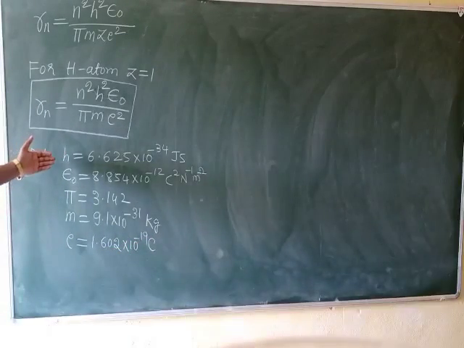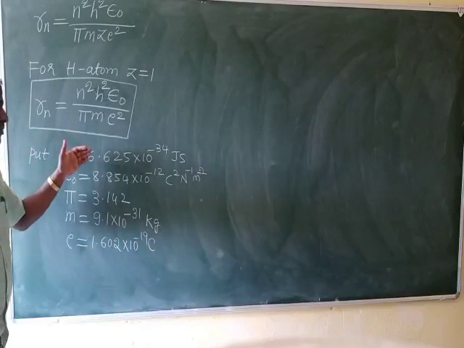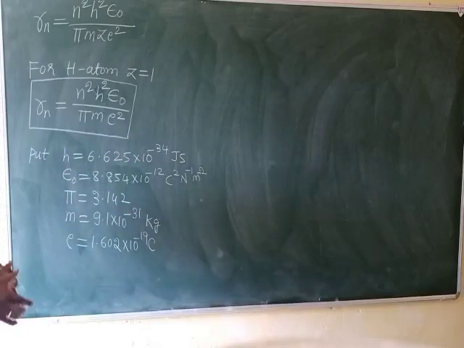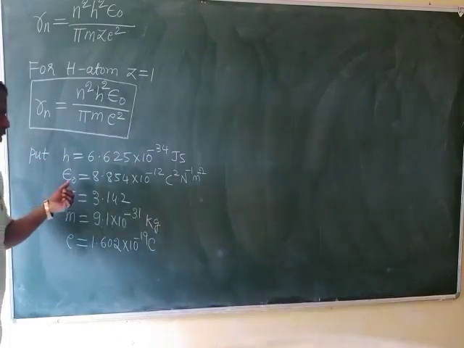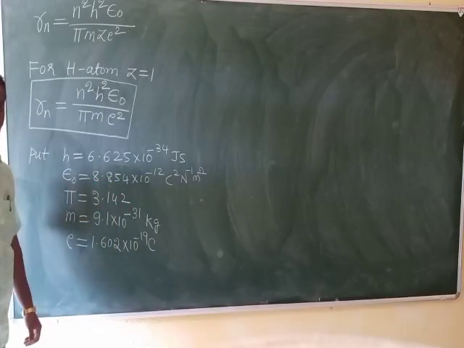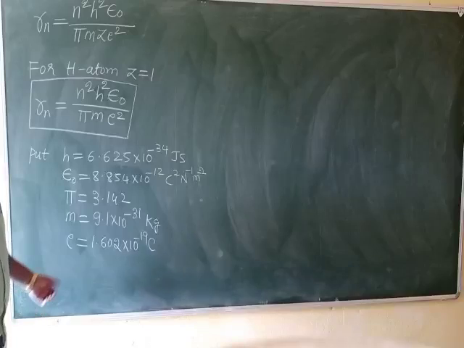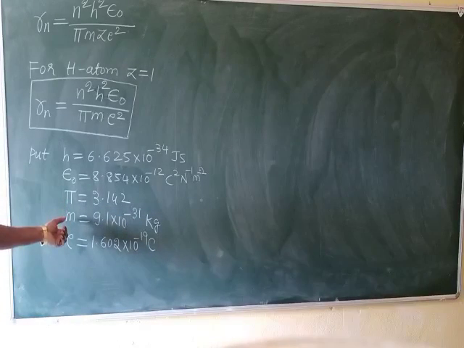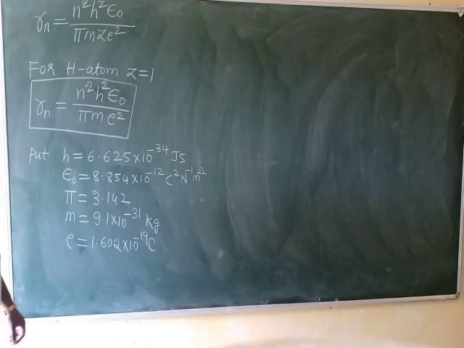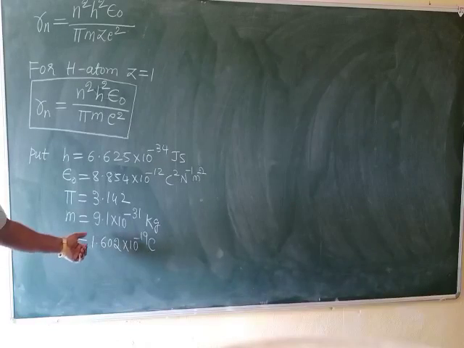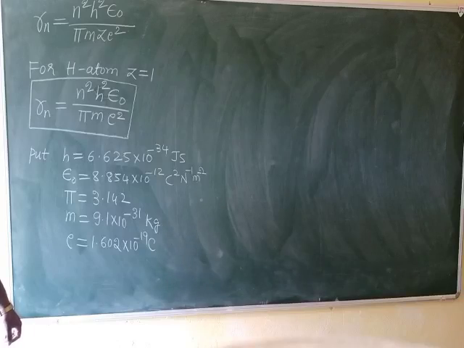So what is the value of h? 6.625 into 10 to the power of minus 34 joule second. Epsilon naught is 8.854 into 10 to the power of minus 12 Coulomb square per Newton per meter square. Pi is 3.142, m is 9.1 into 10 to the power of minus 31, and the charge of an electron is 1.602 into 10 to the power of minus 19 coulomb.